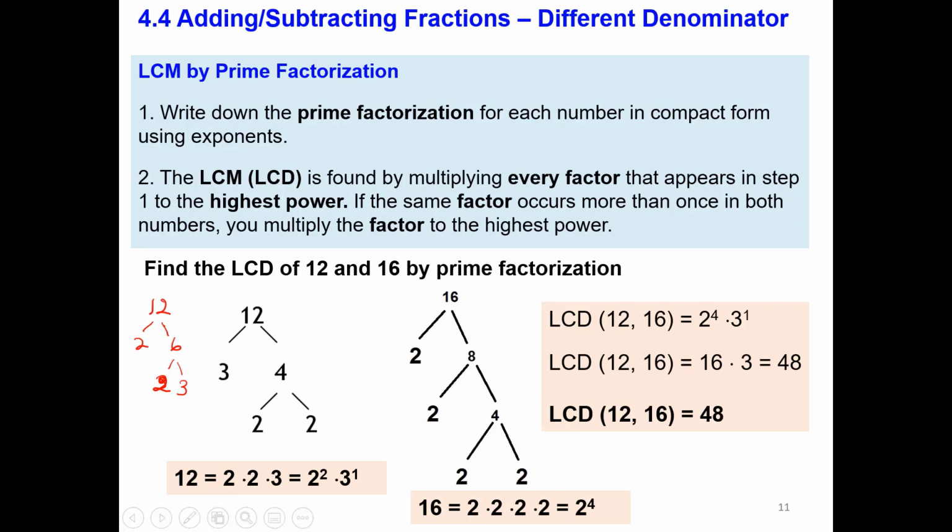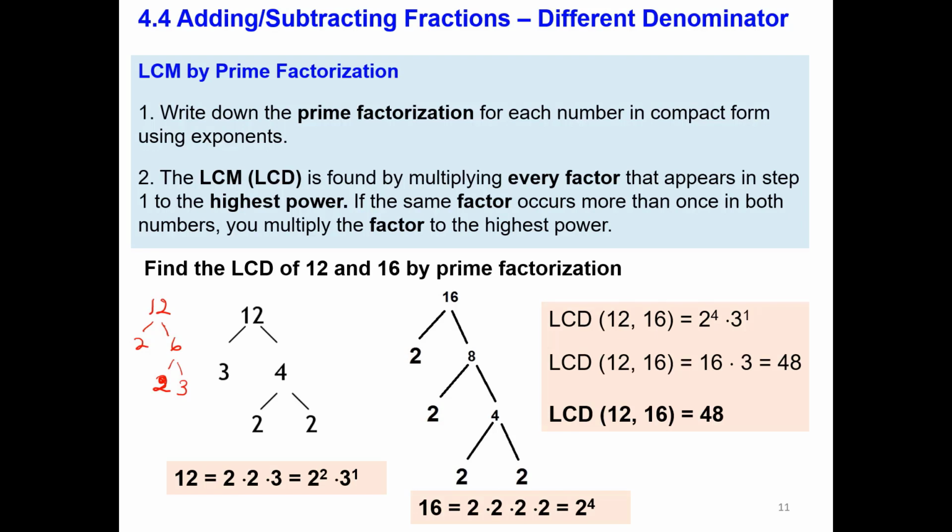Then we can write 2 to the second, and just 3. You can write 3 or 3 to the first power. For 16, we can write 2 to the 4th power.